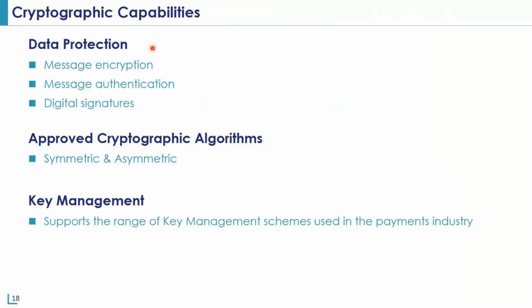So cryptographic capabilities of your PayShield 10K involve your data protection. You can perform message encryption, authentication, and digital signatures. Both the symmetric and asymmetric algorithms are supported. In symmetric algorithms, you have one key which will be used to perform encryption and decryption. In asymmetric, you have two keys, a public and a private.